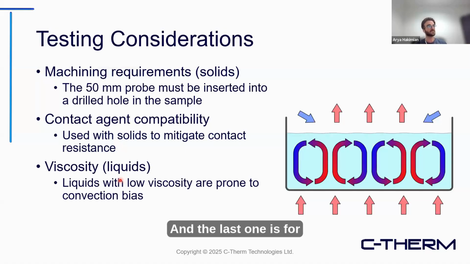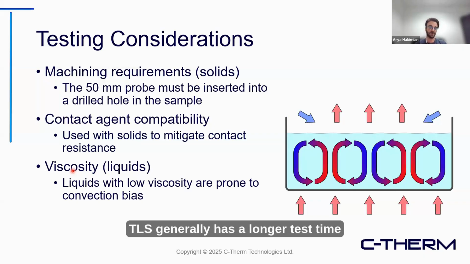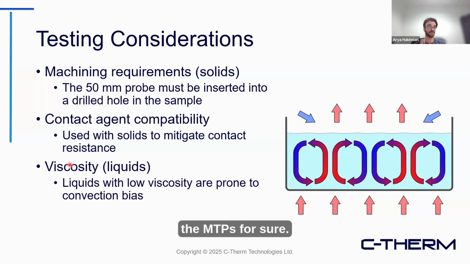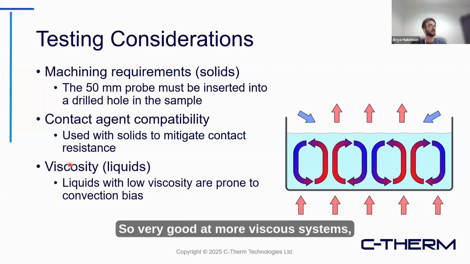And the last one is for liquids, the viscosity of the liquid that you're testing. TLS generally has a longer test time and a higher power level than some of the other options, the MTPS for sure, and actually the next one that we're going to talk about. So it's very good at more viscous systems, like polymer melts, but low viscosity materials are prone to a convection bias.